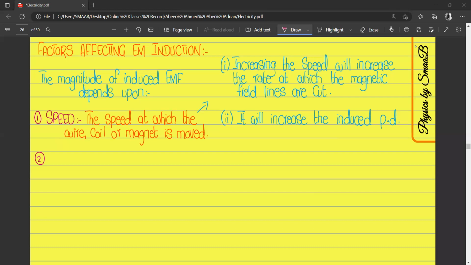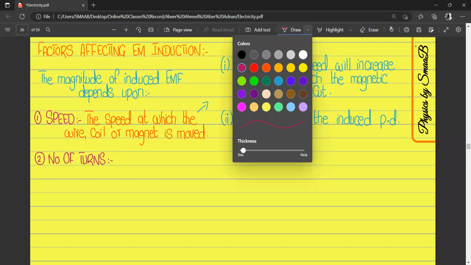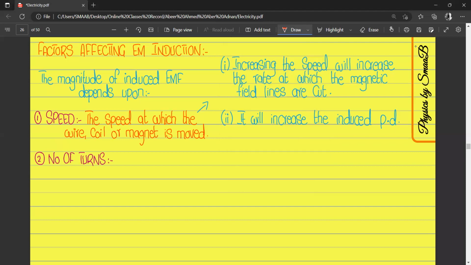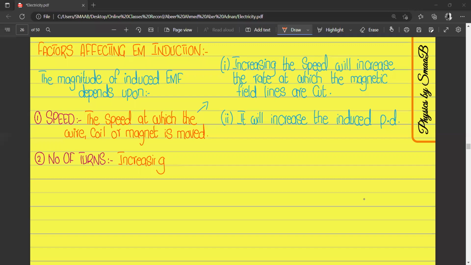So the second factor is related to number of turns. Number of turns is the second factor, and number of turns means, okay, am I audible? Yes. Okay, so we are talking about the number of turns.